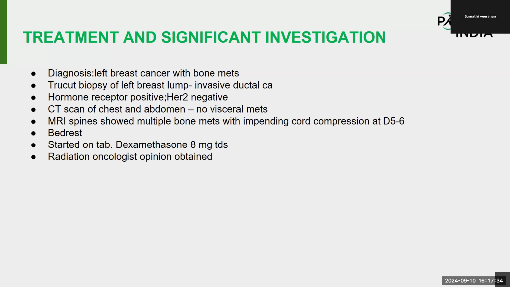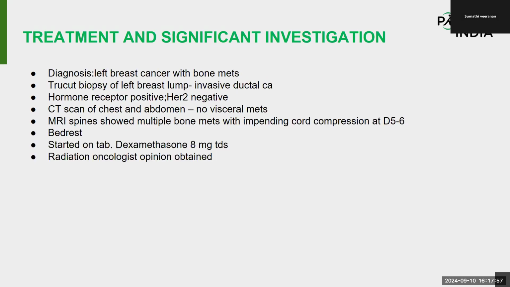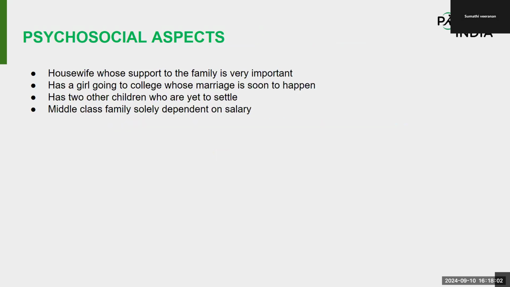MRI spine showed multiple bone mets with impending cord compression at D5 and D6. Treatment: full bed rest, started on tablet dexamethasone 8 mg TDS. Radiation oncologist opinion obtained for emergency RT to spine. Tablet paracetamol and ibuprofen TDS and tablet carbamazepine 100 mg BD.